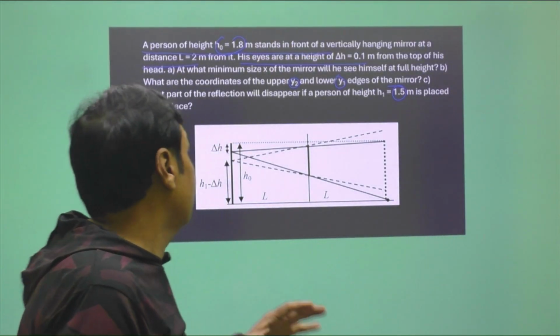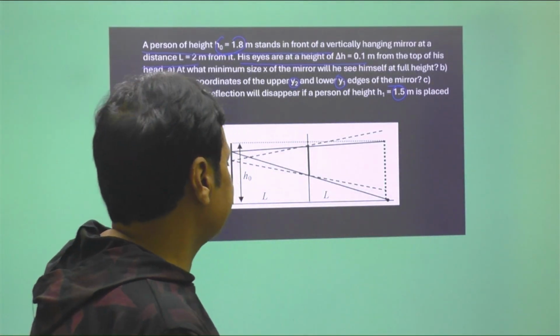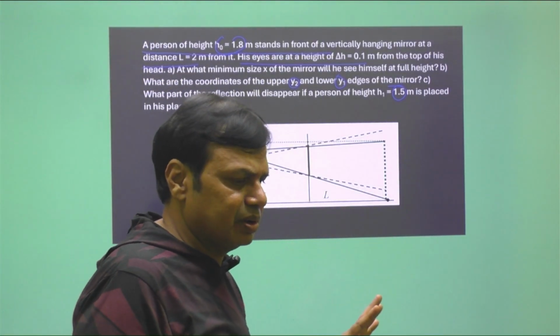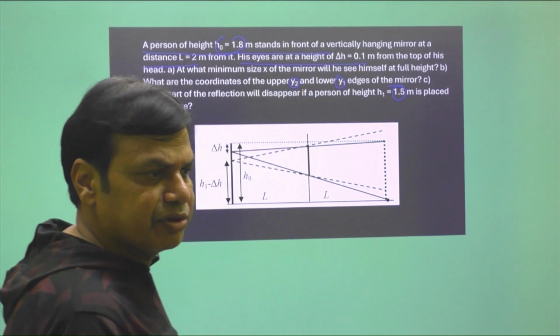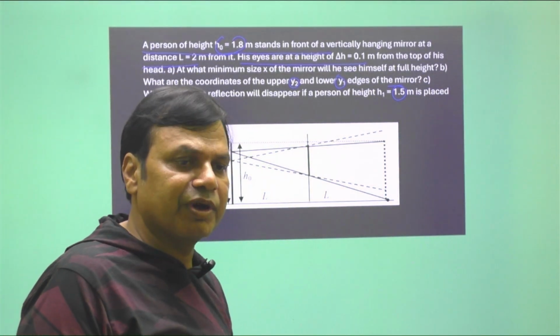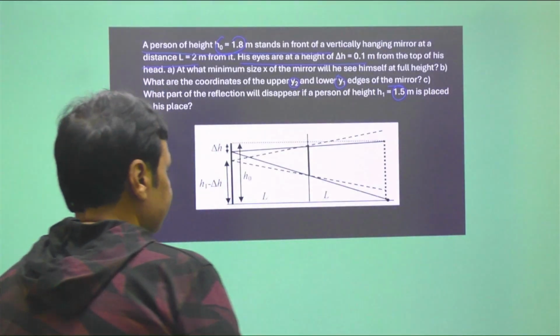What portion, what part of reflection, what length of reflection will disappear in such a case? The mirror is the same, but the person's height has been changed. So part of the reflection is going to disappear. You have to find that length. So these are the problems.